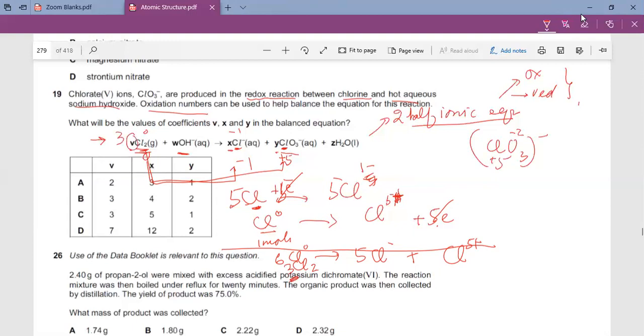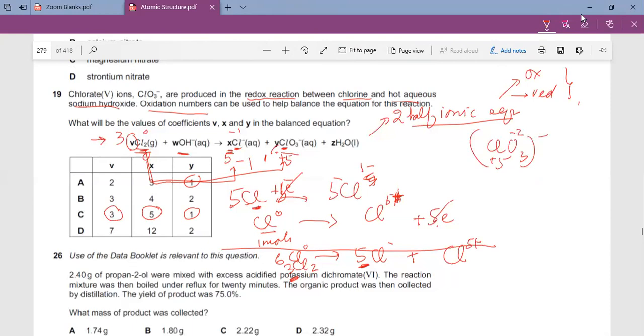Cl minus is 5, so X is 5. Cl5 plus is 1, so Y is 1, and so is the other one. X is 5, and V is 3.